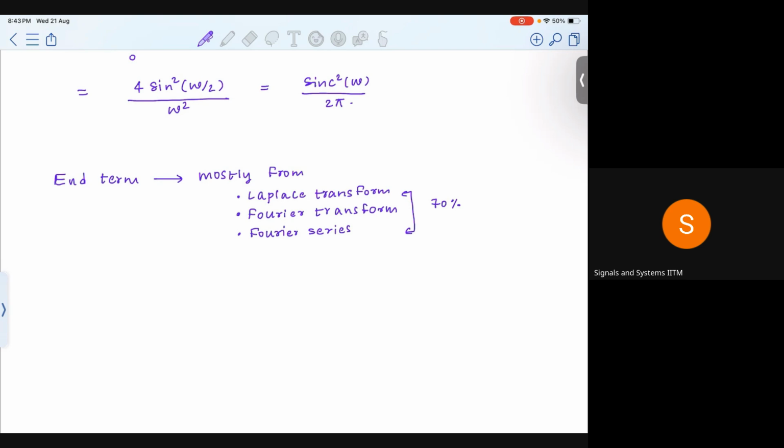Any other questions? Difficulty with conceptual understanding?